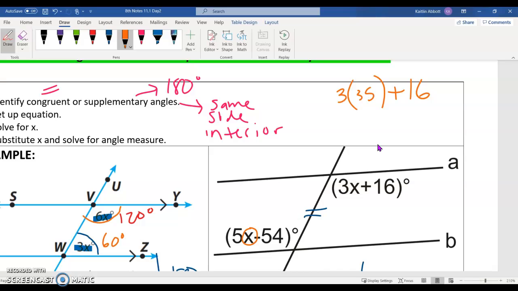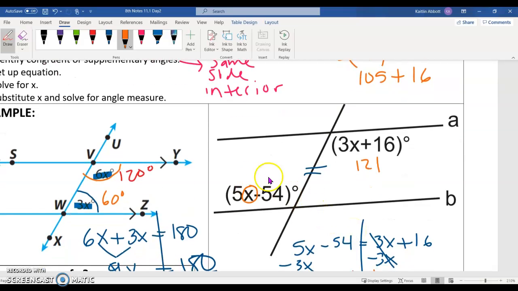plus 16. So now you just all calculator work. I'm going to type in the calculator. 35 times 3 gets me 105 plus 16. And then I'm going to add 16 to that, gets me 121. So the angle, this angle is 121. And since they are congruent to each other, that means this one is also 121.